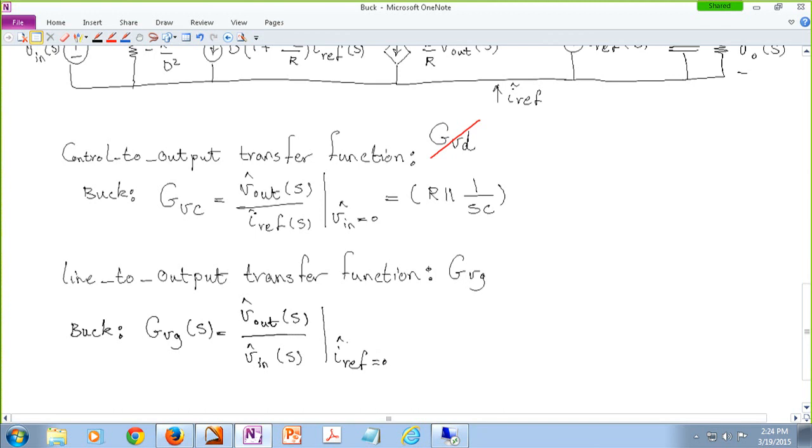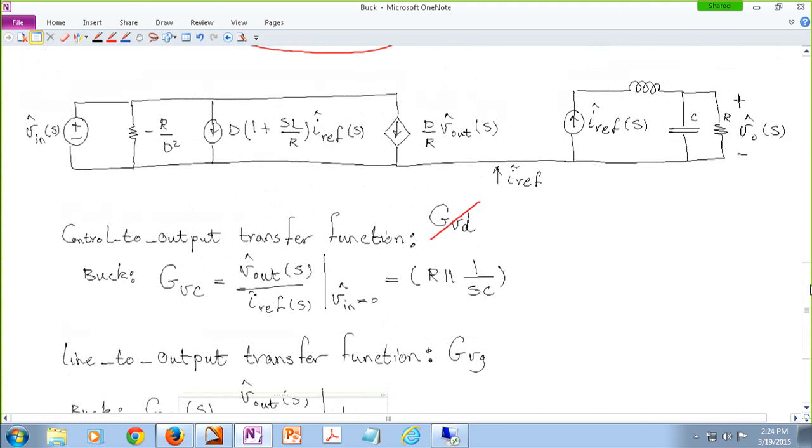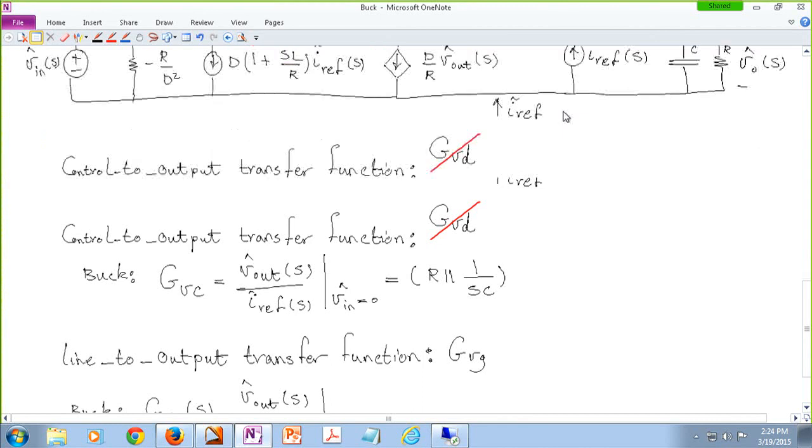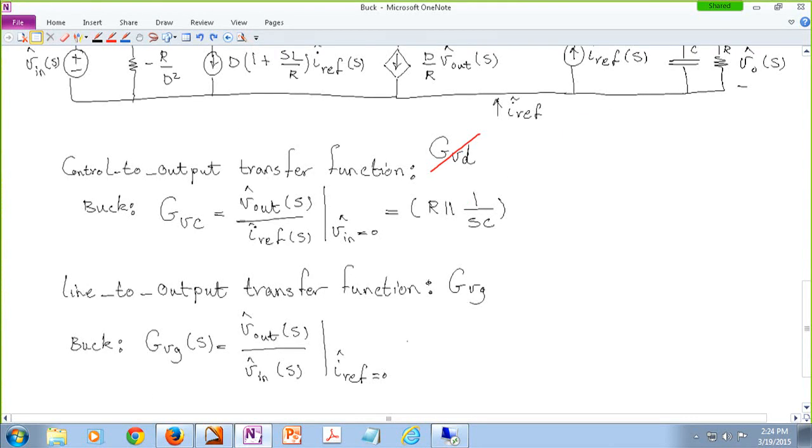Okay, so again, this is for the buck converter. So we do not perturb anything but the input voltage, meaning that the reference is not perturbed. If the reference is not perturbed, therefore this current source is zero. Therefore the output voltage is zero. Therefore this transfer function is basically zero. Okay? So what does this mean? First of all, it's a good thing that it is zero.